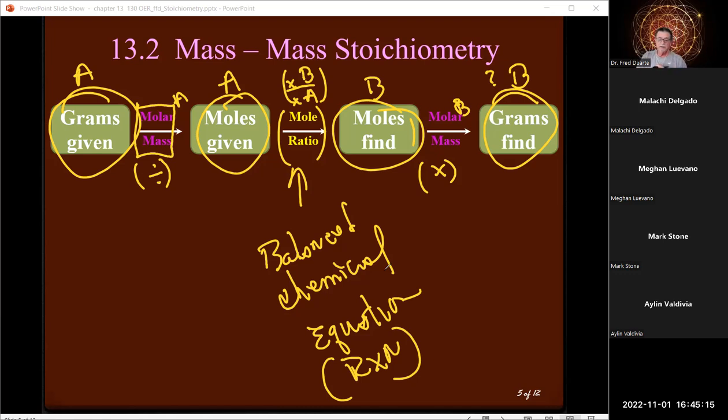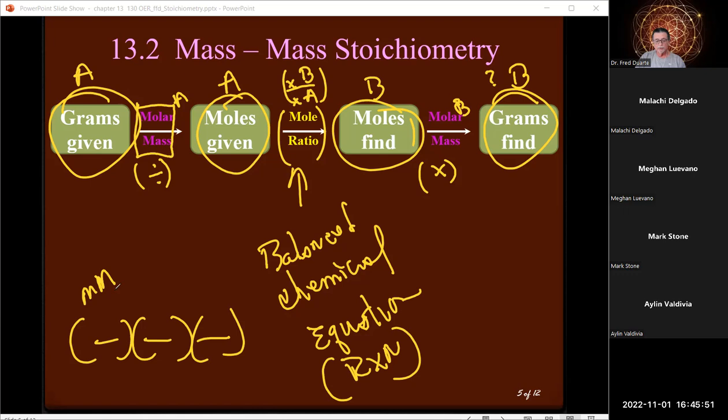And that's the guideline, how we're going through the problems. Grams of A divided by the molar mass gives us the moles that we're given. The mole ratio, the stoichiometric relationship of A to B, then gives us the moles of B. And then the molar mass of B gives us the grams of B. So in essence, in these calculations you're going to have a minimum of 3 conversion factors.